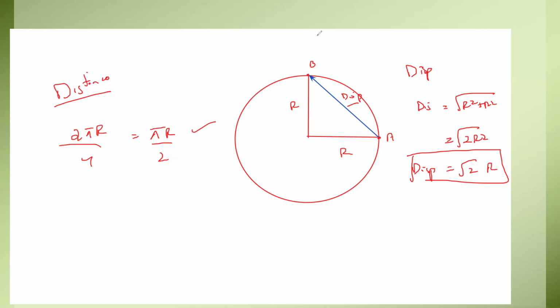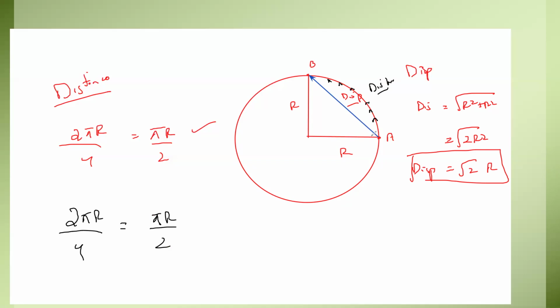When we talk about the distance here, the distance is the total length which we covered. So when we are moving from A to B, this is the length we covered. For a complete circle, the distance is 2 pi r, but because we complete the quarter of the circle, we divide it by 4. That's why it is pi r by 2.